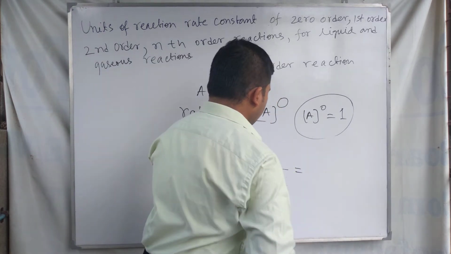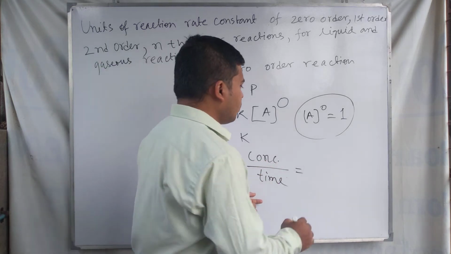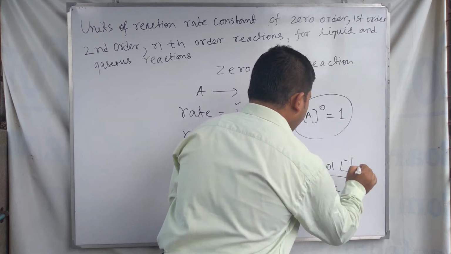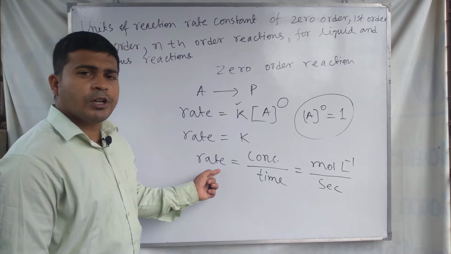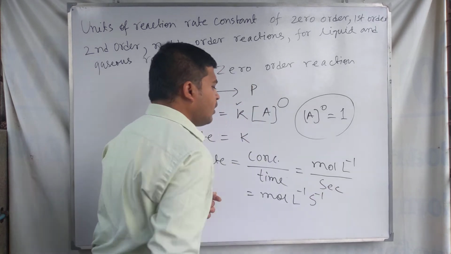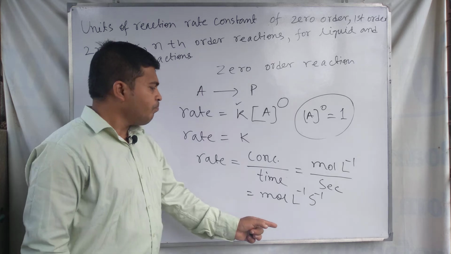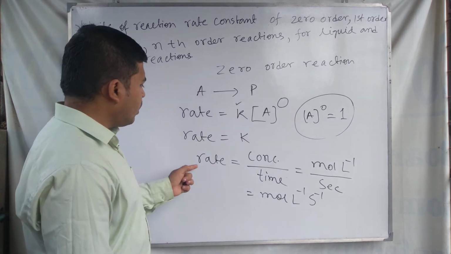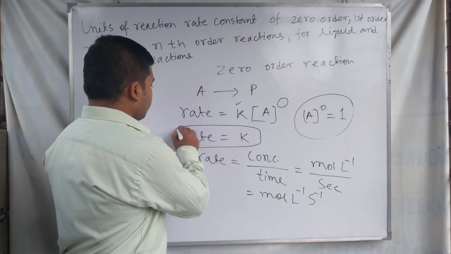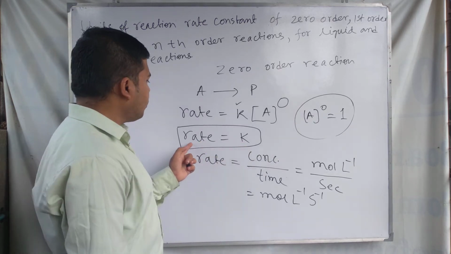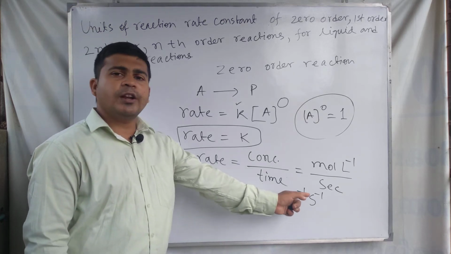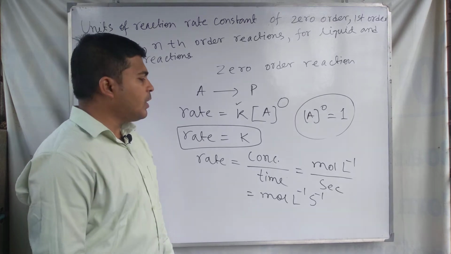If we define concentration in mole per liter and time in seconds, then the unit for the rate of reaction is mole liter inverse second inverse, that is, mole per liter per second.